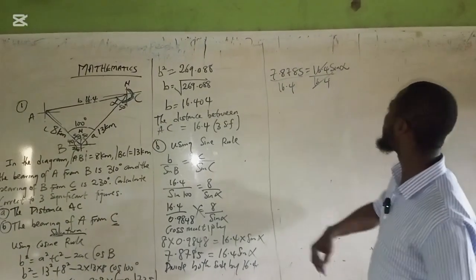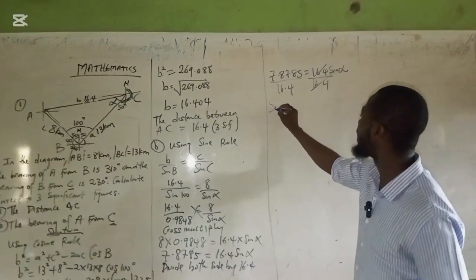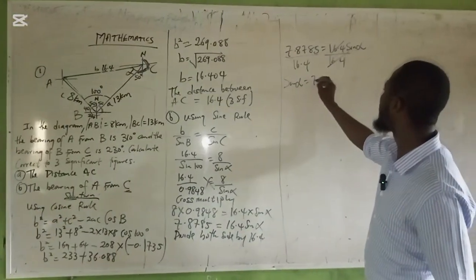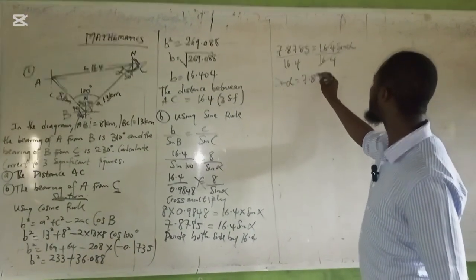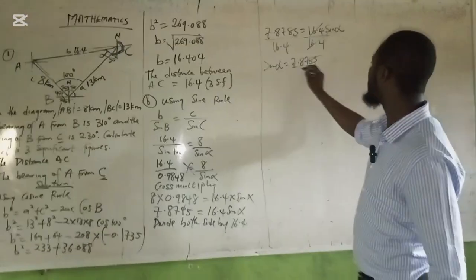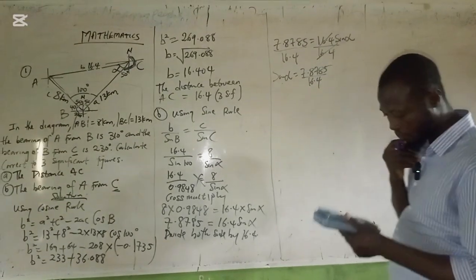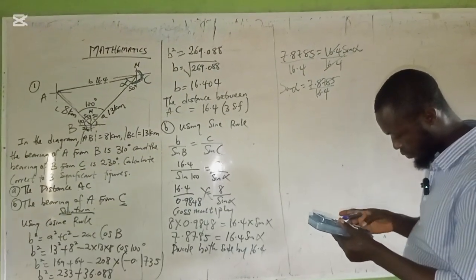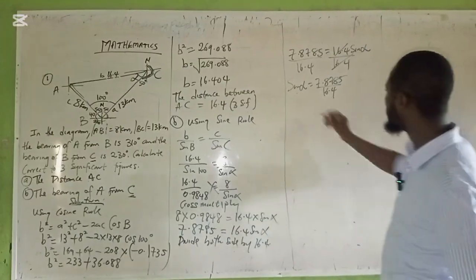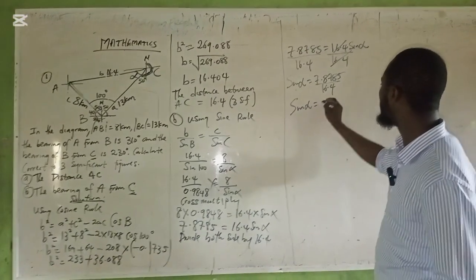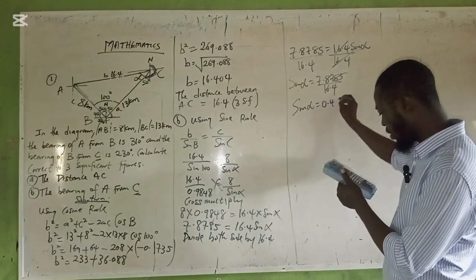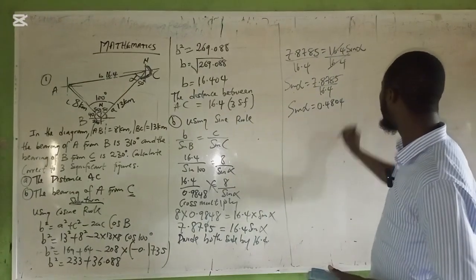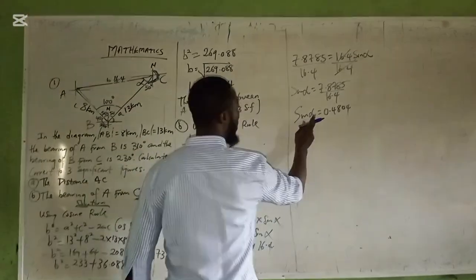This will leave me with sine alpha equals 7.8785 over 16.4. So we have sine alpha equals 0.4804. We are looking for alpha here.